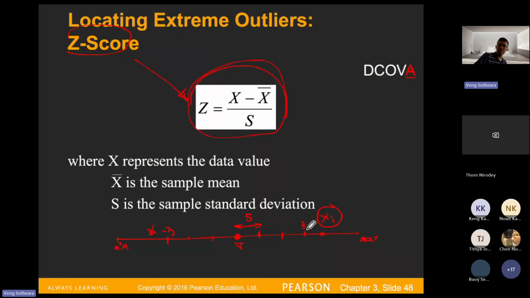If the z-score is larger than 3 or smaller than -3, it is considered as so far. If it is more than 3, it means too large compared to the rest. If its z-score is less than -3, it is too small compared to the rest.